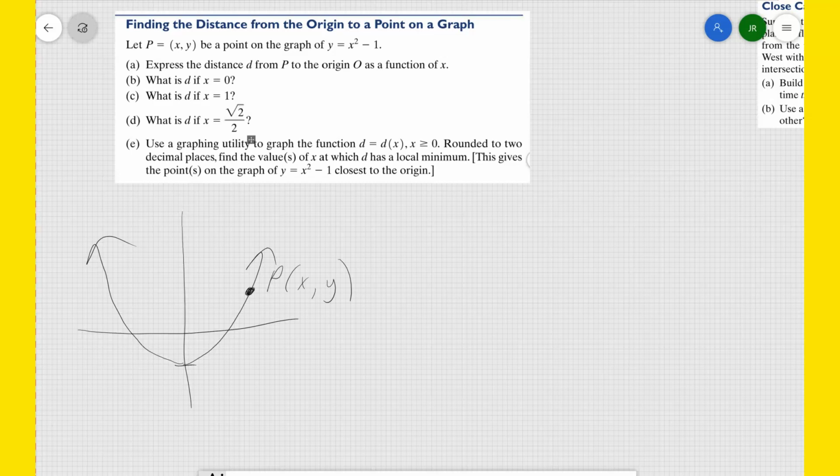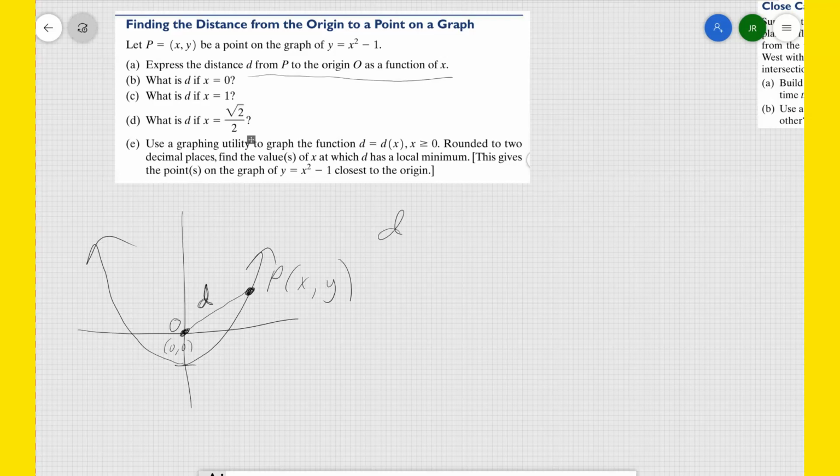It says express the distance d from P to the origin. So here's the origin, and here's the distance from P to the origin, right? The origin is (0, 0), obviously. It says express the distance d as a function of x.